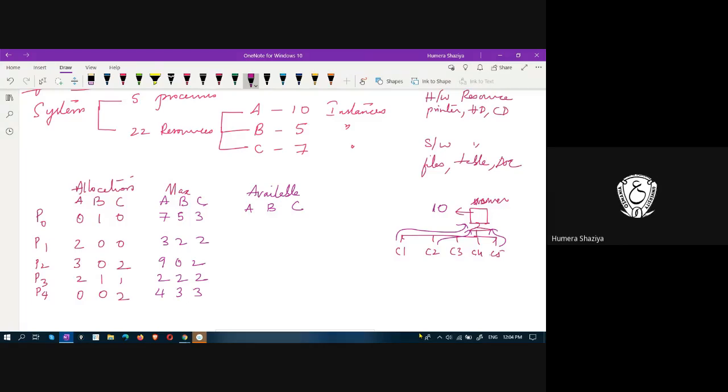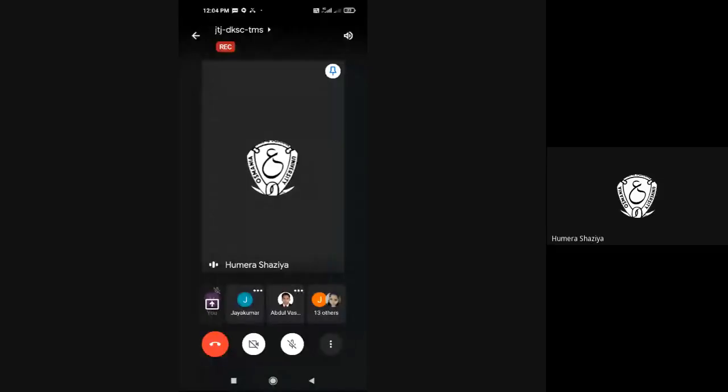Some of them have been allocated here. So can you tell me now what is available? Total is A 10, B 5, C 7. Here A will be 3. B will be 5. Sorry, 0, 0, 0. It will be 0. 5 have been allocated.